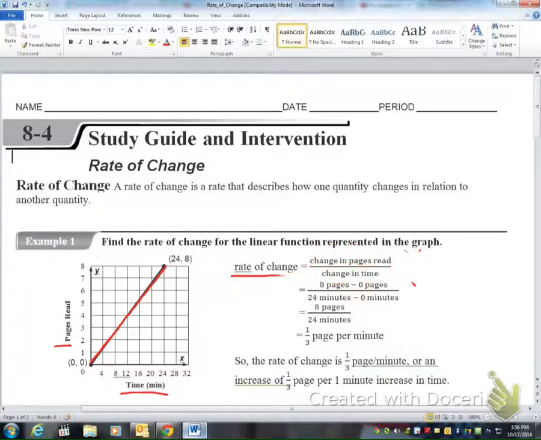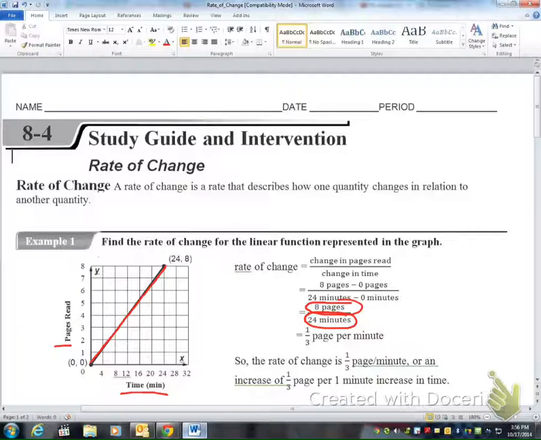Now, if we look at this example, we have the change in the pages read. Well, from the end of our graph to the beginning, we read 8 pages at the end, and at the beginning we read none, so that's 8 minus 0, a change of 8 pages. By the end of our line, we have read 24 minutes, whereas at the beginning of the graph we had read for 0 minutes, so 24 minus 0 gives us a change of 24 minutes.